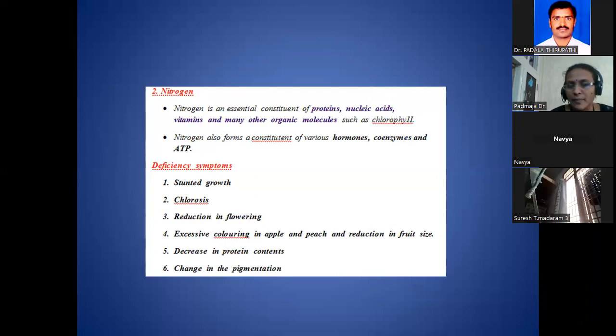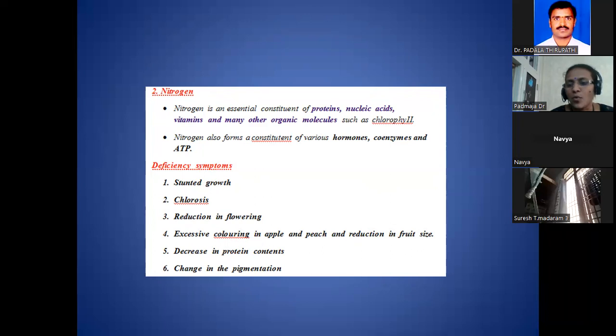So the formation of these organic molecules, and chlorophyll also, depends on the intake of nitrogen. It is very important in order to undergo the main metabolic process, that is photosynthesis.